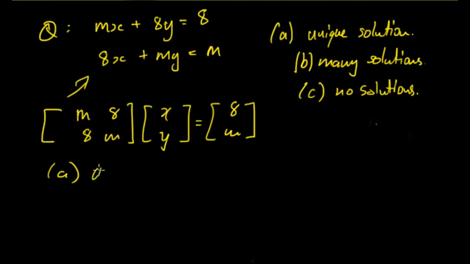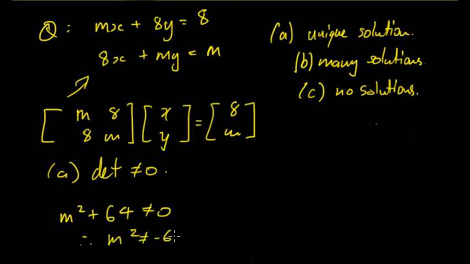So for a unique solution, the determinant cannot equal 0. We've worked out the determinant is m squared plus 64 cannot equal 0. Therefore, m squared cannot equal negative 64. Yeah, I made a mistake here.